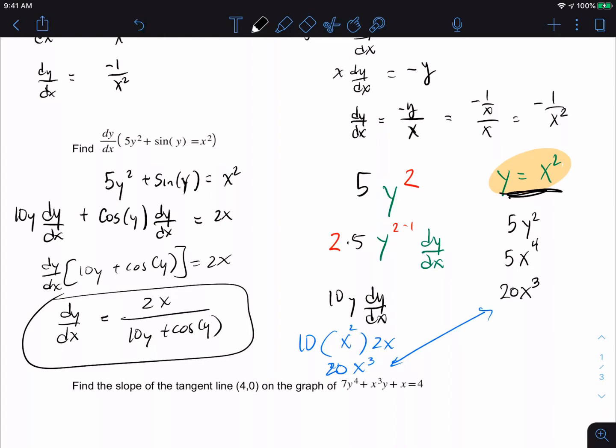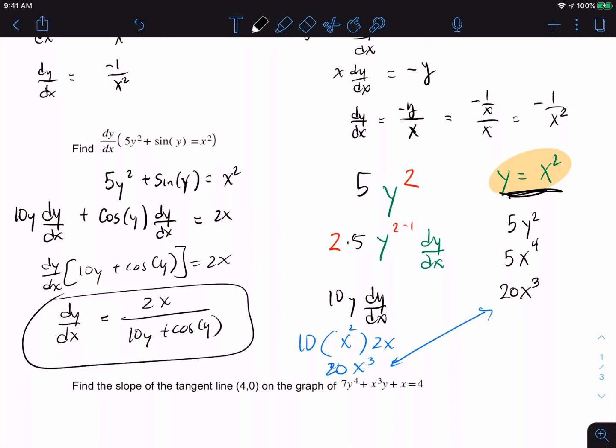So you see, the reason you finished with 2x over 10y plus cosine of y, you don't take the derivative again, you just express it as one piece. You want to isolate for the dy/dx. Because the dy/dx is the derivative, correct? So what is the derivative equal to?